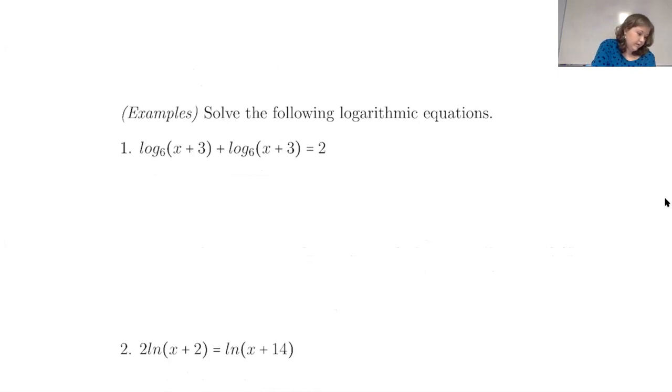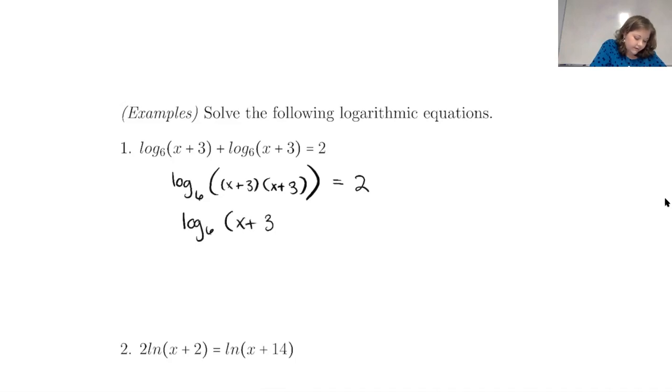Okay. So we can write it as log base 6 of x plus 3 times x plus 3, where we go from addition of two logs to one log with multiplication on the inside. That equals 2. Okay, so now that is log base 6 of x plus 3 squared equals 2.